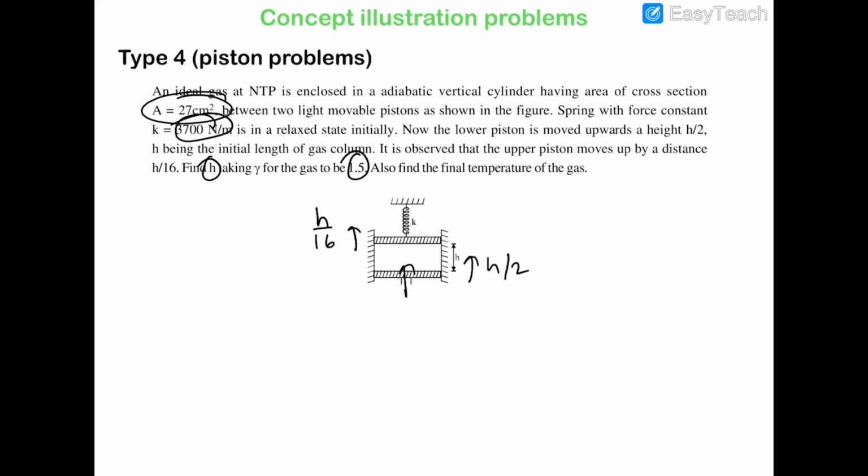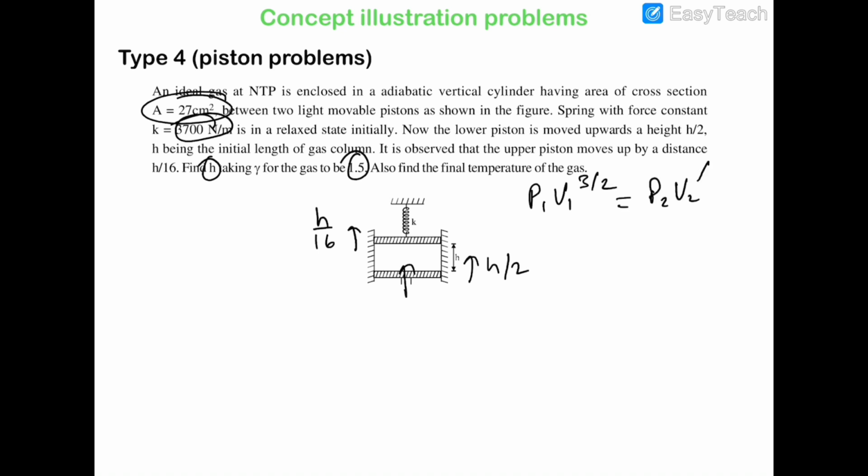We know that this is an adiabatic process, and in an adiabatic process P1 V1 to the power gamma, which is 3 by 2, is equal to P2 V2 to the power gamma.